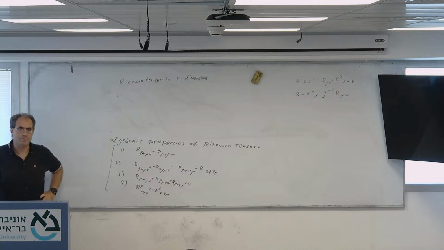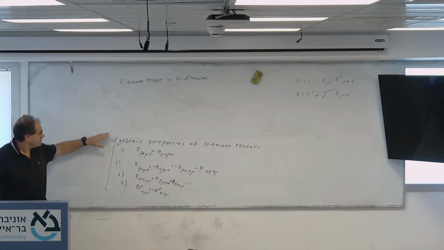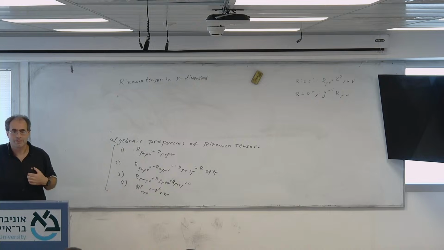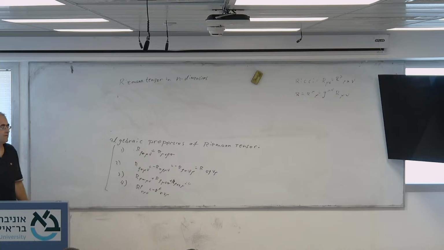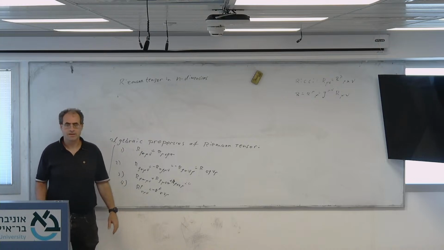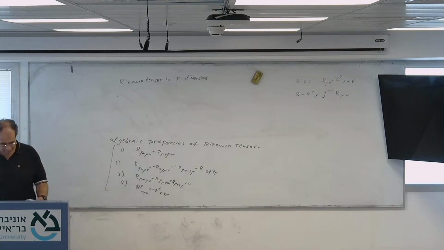That's quite a large number. But because of all these symmetries, many of them are not independent. So the question I'm interested in answering right now is how many independent different components the Riemann tensor has in n dimensions.